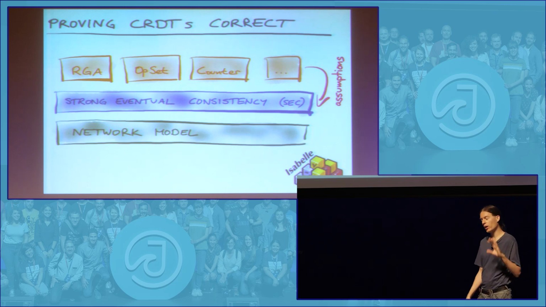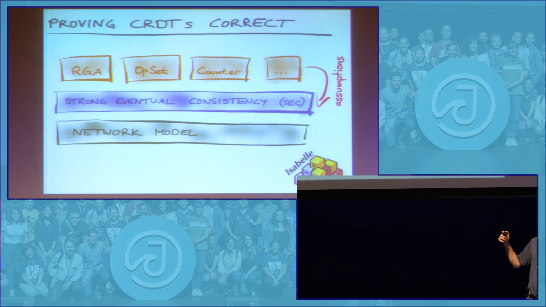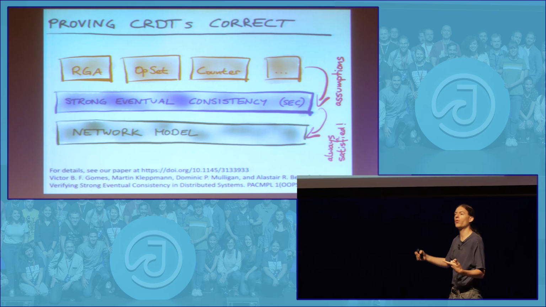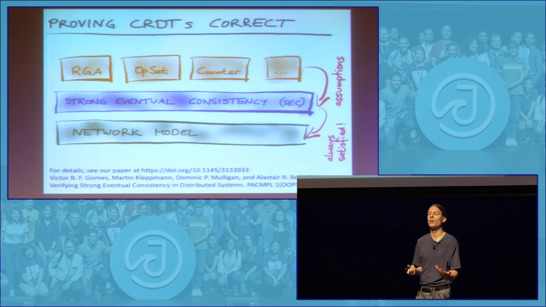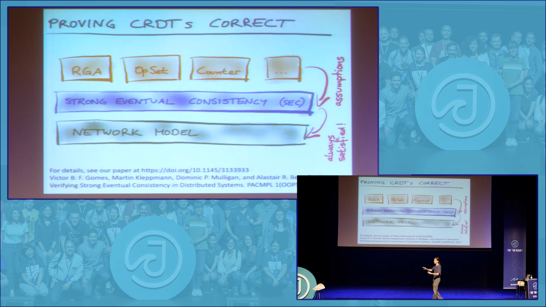Now, these assumptions are the tricky bit, because that was actually how some of these OT, operational transformation algorithms, fell down. They made the wrong assumptions. So we did another step of this proof where we showed that these assumptions are always satisfied in all possible executions of a network model. Within this proof software, we made a model of a network that is allowed to do all sorts of stuff.